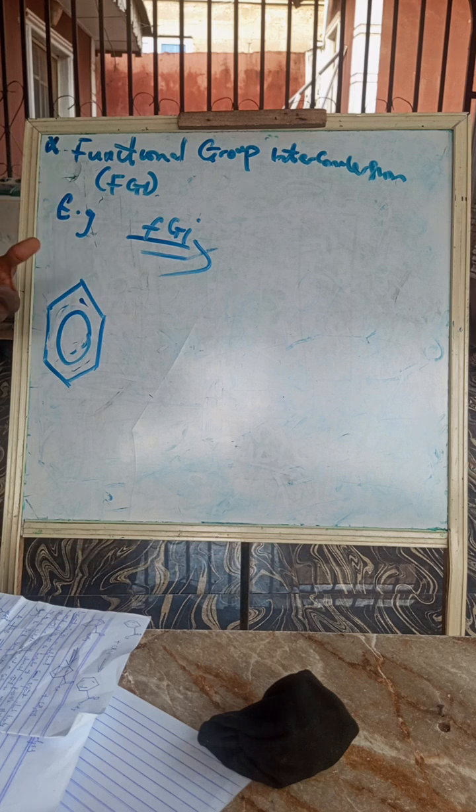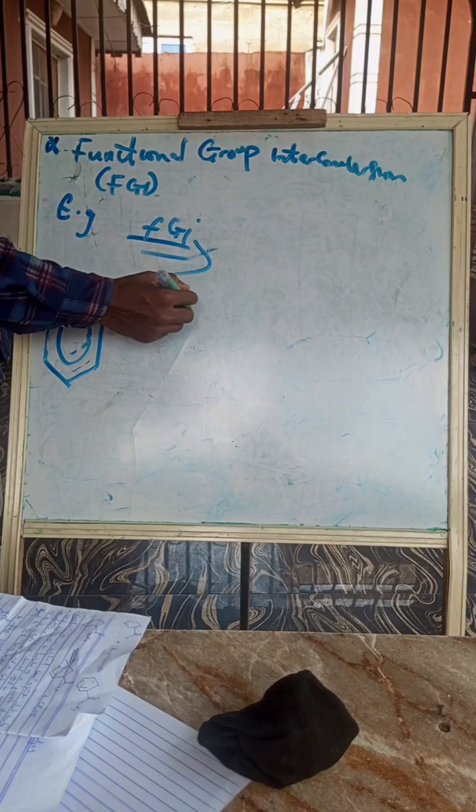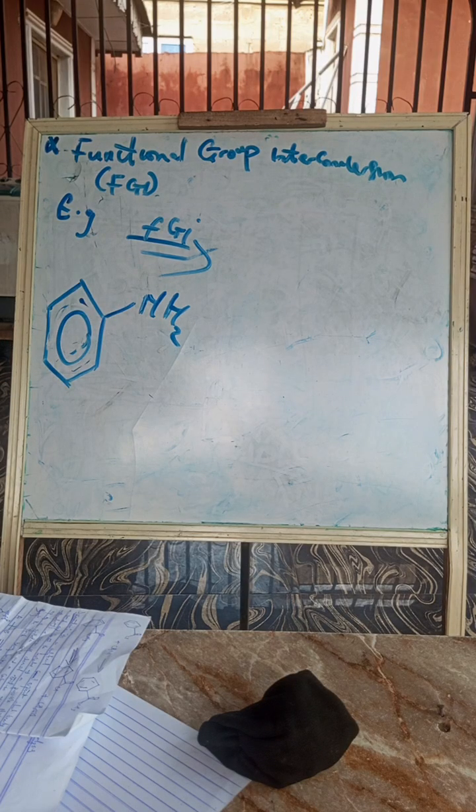There are 6 pi electrons. We can also put it in this manner instead of writing the pi. So now we have aniline, which is NH2. This is an example of an aromatic compound. This is called aniline. So we are going to find the retrosynthesis of this reaction.